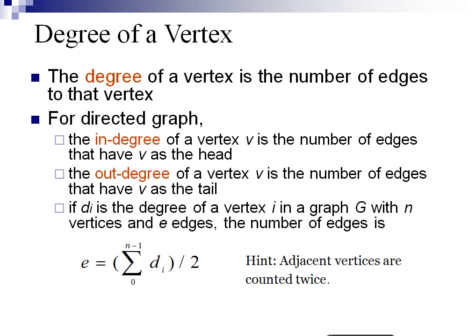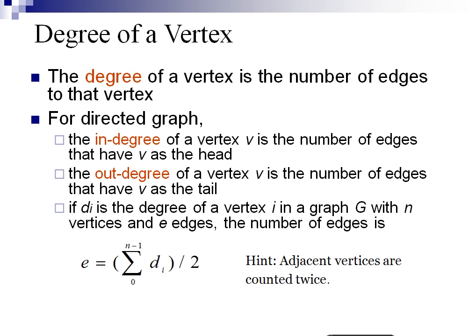Out-degree of a vertex can be calculated as the number of edges that have V as the tail. That means here you need to calculate the number of edges that are going out from this particular vertex V. So now vertex V becomes the tail. If di is the degree of a vertex i in a graph G with n vertices and e edges, the number of edges can be calculated by the given formula: E equals the summation over 0 to n minus 1 of di, divided by 2.